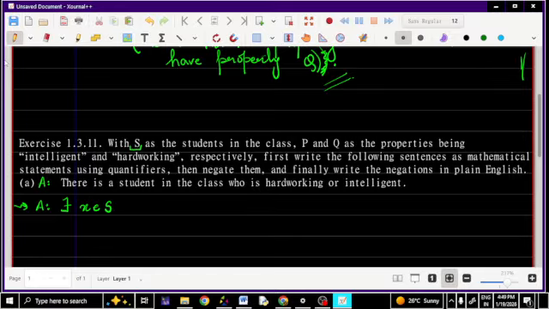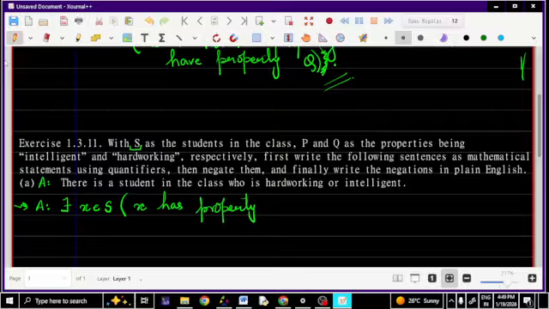S is the set of context such that x is a student who is hardworking or intelligent, such that x has property P or Q. That means that student is either intelligent or hardworking, right?